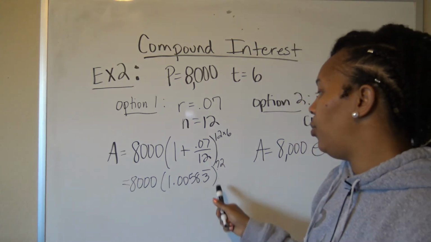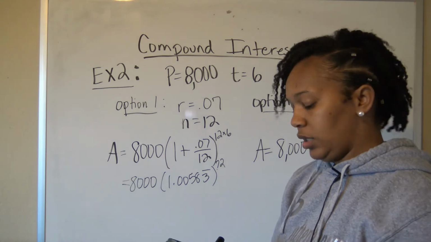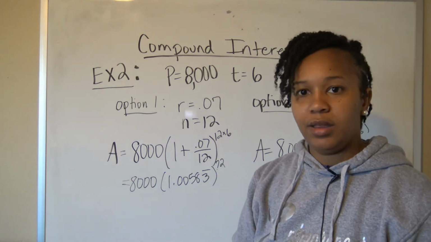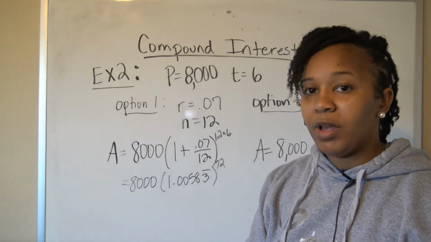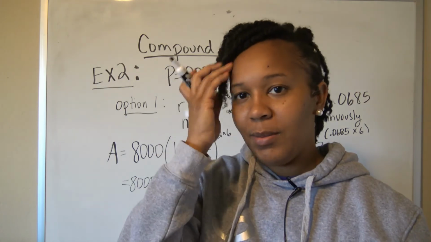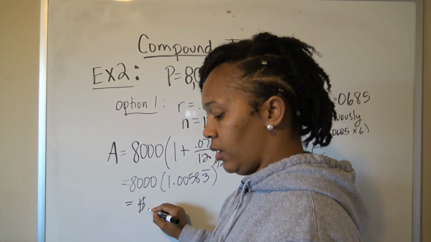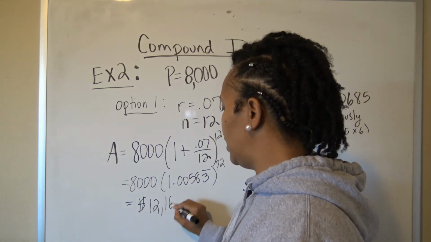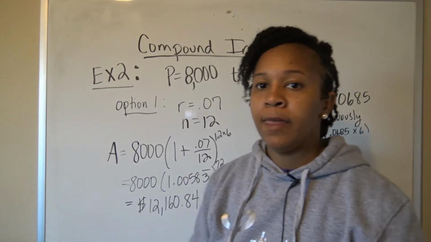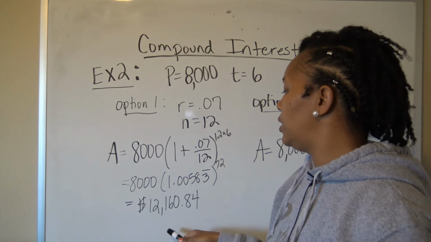So I would take that 1.00583, raise it to the 72nd power, and then multiply by 8,000. Plugging in the calculator, you have to be really careful because it's easy to plug it in wrong and make a mistake. Here I get $12,160.84.